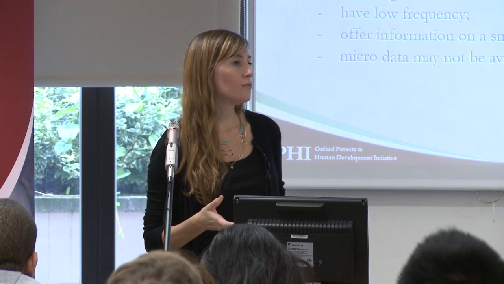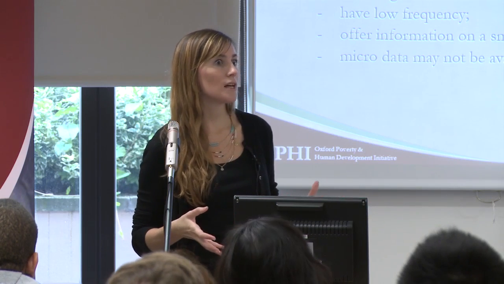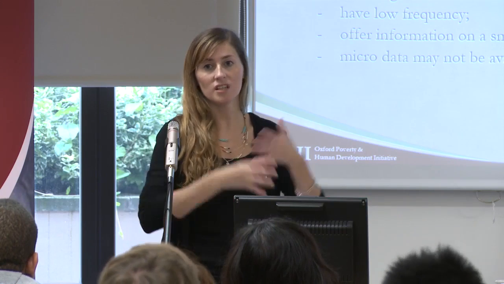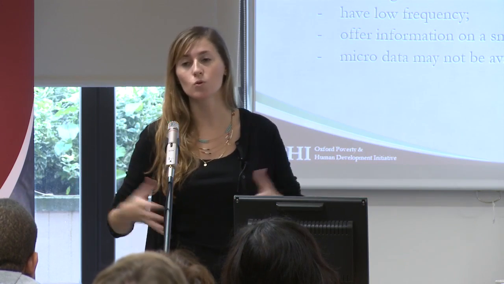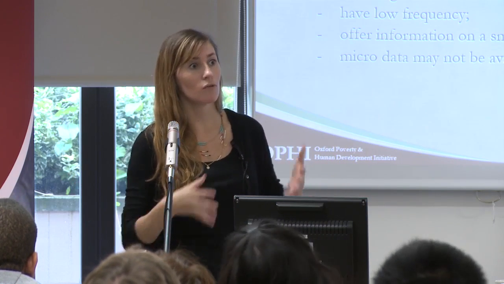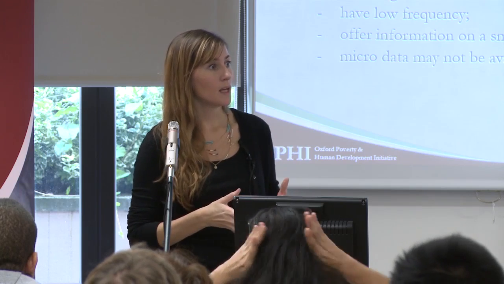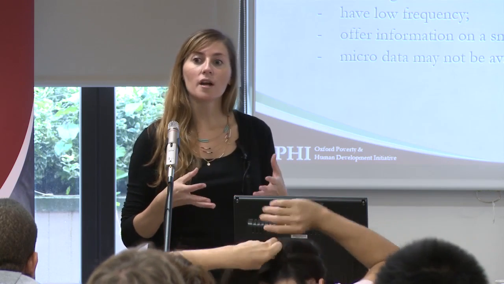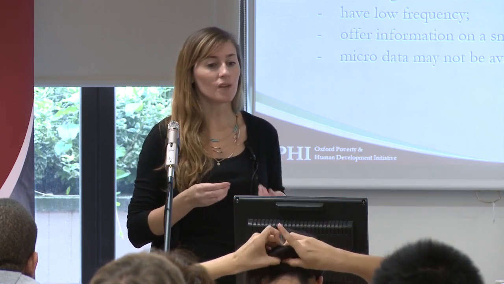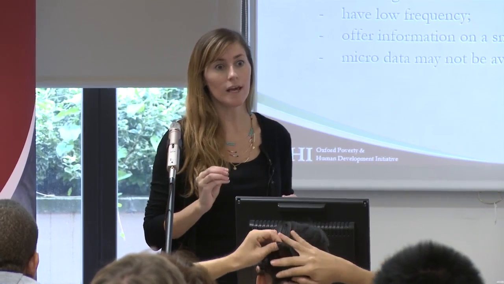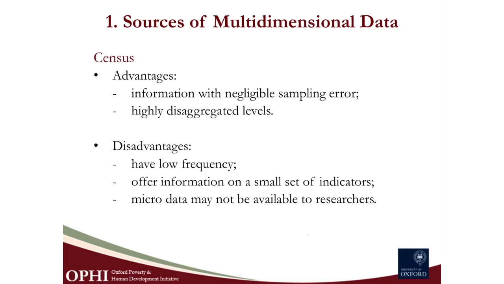Now, one of the main advantages of a census is that it's covering almost the entire population, or it's supposed to cover the entire population for a particular moment in time. So we are able to get estimates with negligible error at the moment that we want to get estimates.